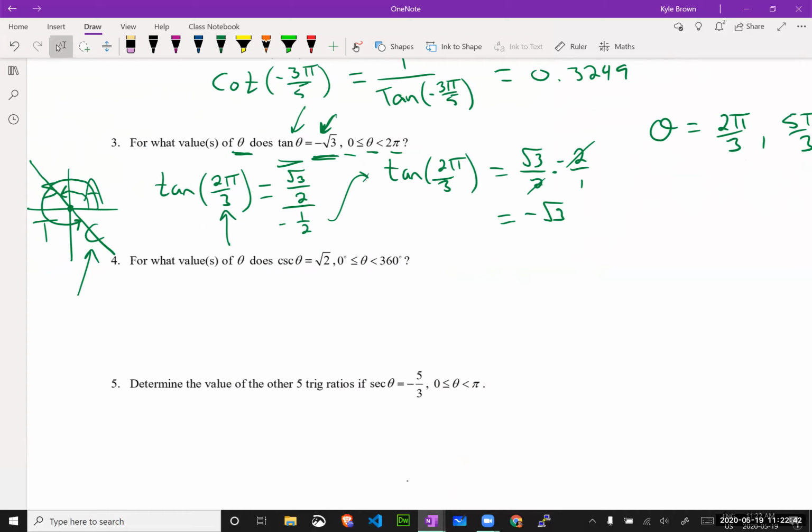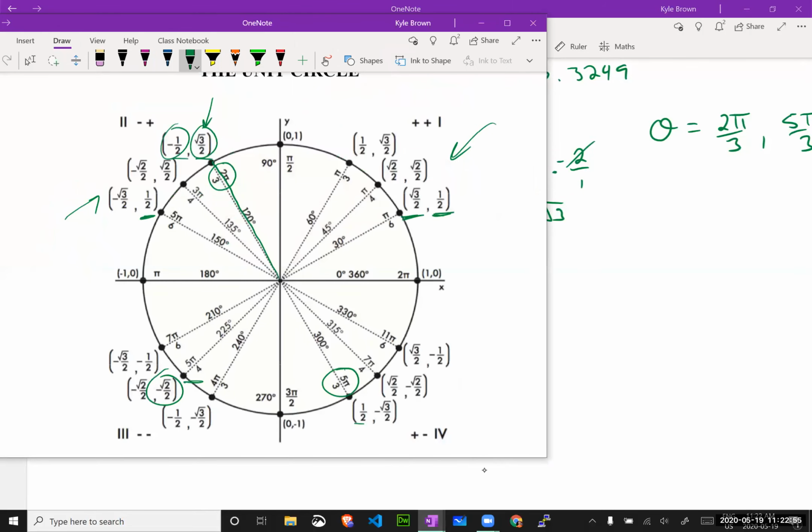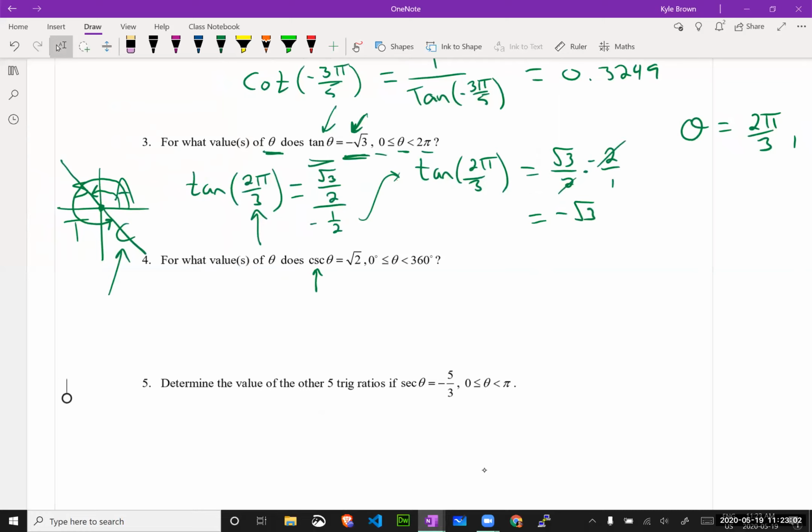Okay, next one. For what values of theta does cosecant theta equal root 2? All right, so I'm looking at this thinking, how do I interpret cosecant theta as something on my unit circle? That's how I was doing the last ones. And in short, you kind of can't. That's actually the reason why I'm going to want to change this back to its primary trig ratios. So cosecant theta is equal to 1 over sine theta.